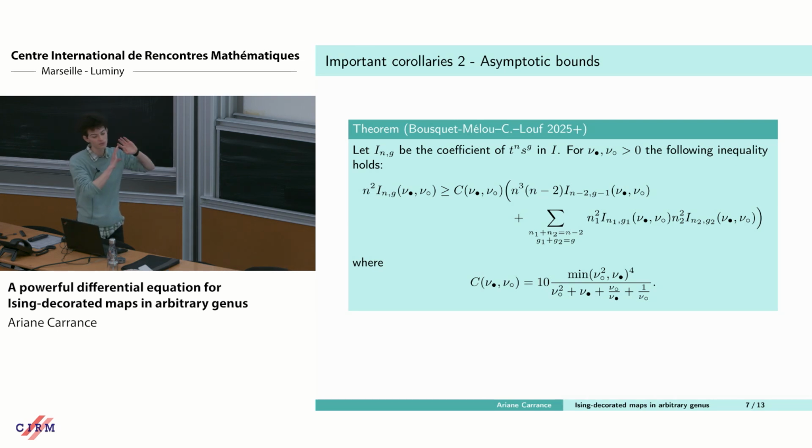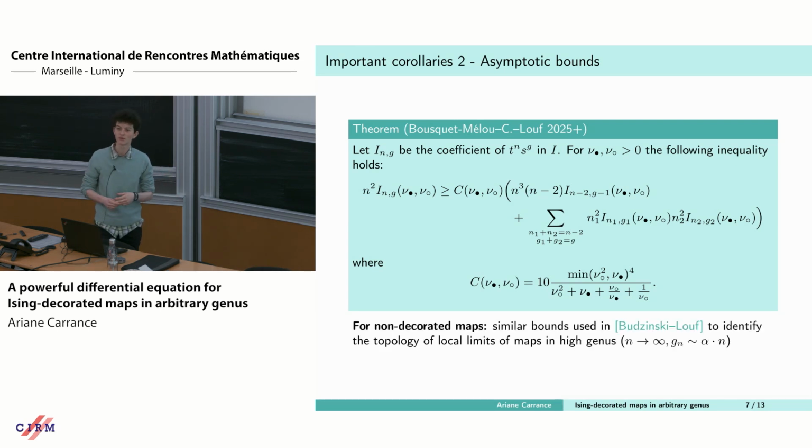So if you take the parameters nu black, nu white to be positive, you have this type of inequality for the coefficients in N and G. The exact shape is not super important, but we're happy to get this because similar bounds were very useful in the non-decorated maps case to characterize the topology of local limits of maps in high genus.